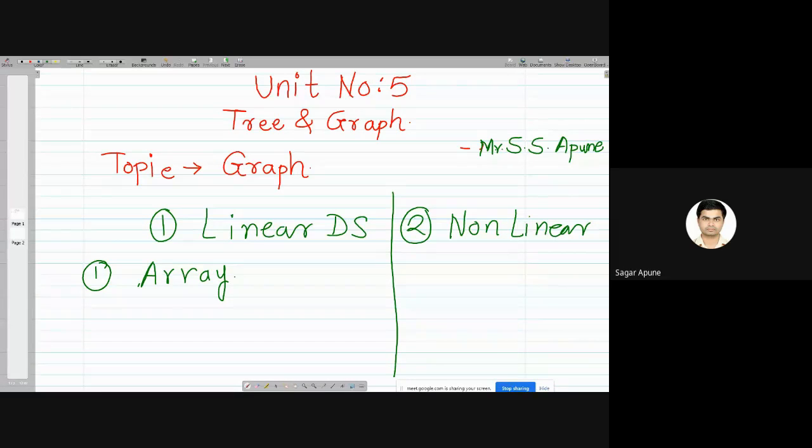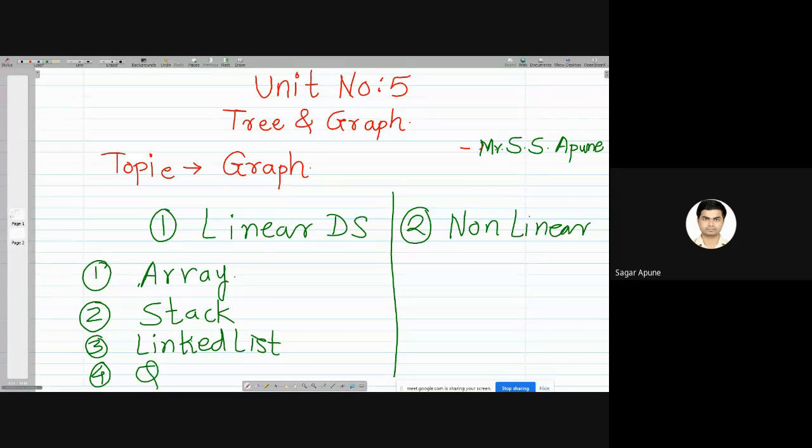Next one is in the third unit, there are two data structures we have seen, that is stack, and again the third data structure is linked list. Sorry, linked list is in the fourth unit, stack, and then again one of the data structure types is queue.